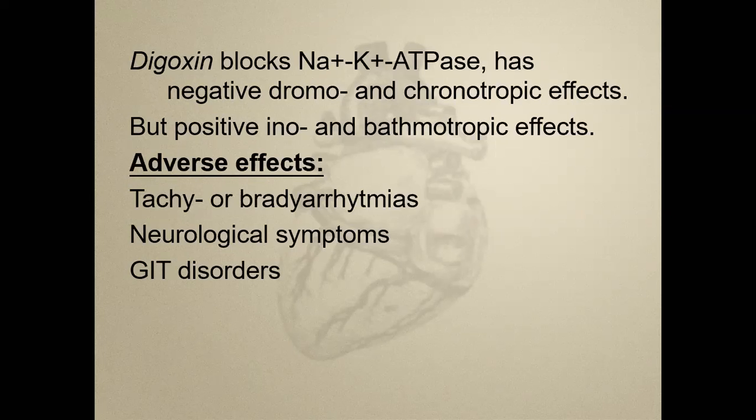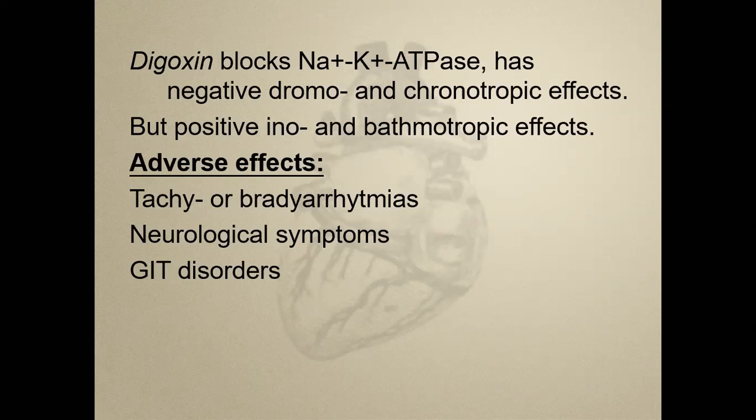But as a result of this effect in the heart, there may be side effects: tachy- or bradyarrhythmias, ventricular tachyarrhythmias, atrial tachyarrhythmias, maybe extrasystole, but maybe severe bradycardia and AV block.